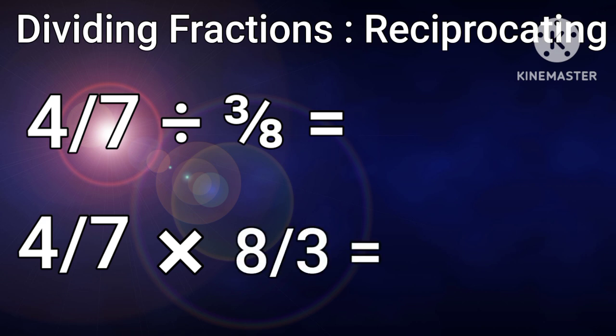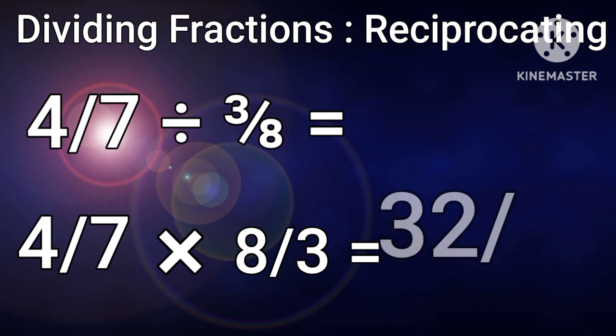So our new problem is 4 over 7 times 8 over 3. Now multiply the numerators first. 4 times 8 is equal to 32, and 7 times 3 is equal to 21. So the answer will be 32 over 21.